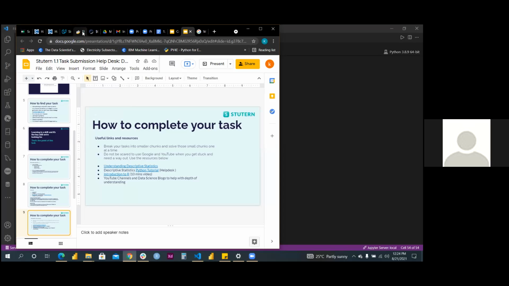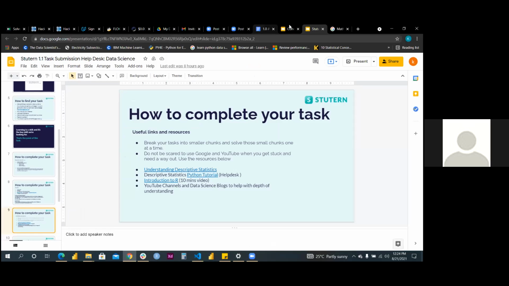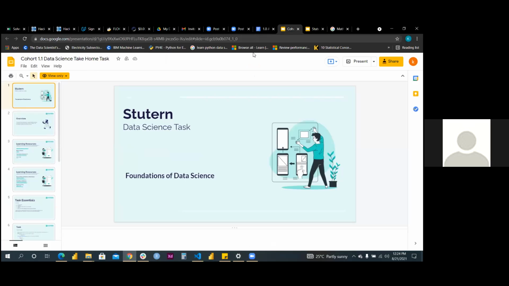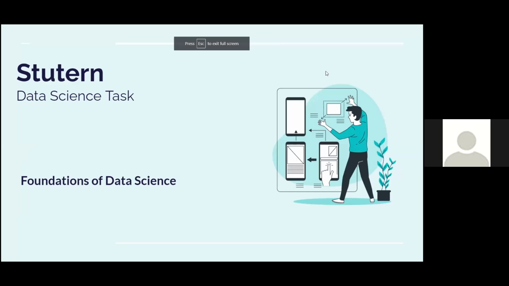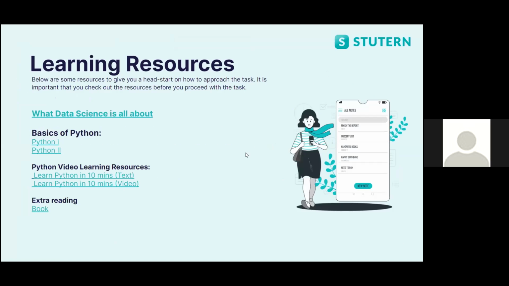Okay, I need to move this stuff away from here. Okay, so let's see what the task looks like, right? Let's see what the task looks like before I head over to my Jupyter notebook. So okay.